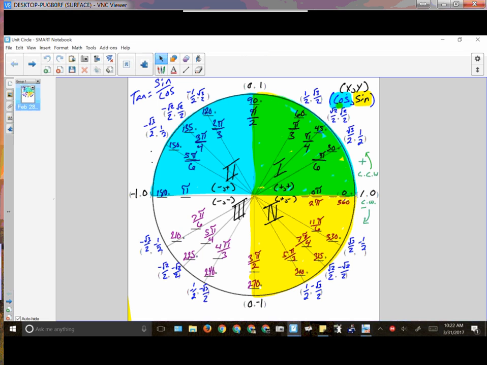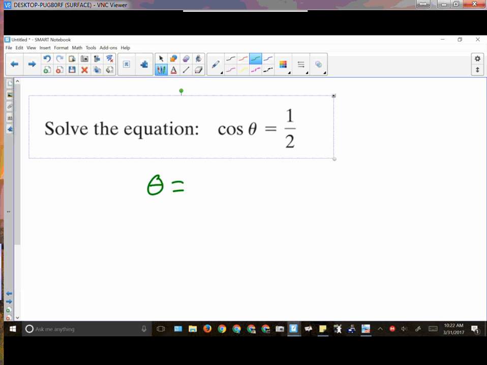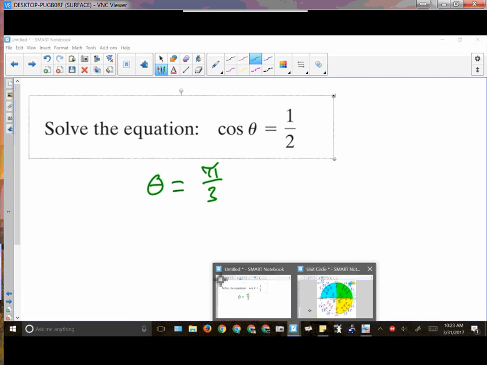I look here, cosine is the x, x is 1/2 here at pi over 3. Ooh, good. So that must mean that theta is equal to pi over 3. That's it, all done, right? Huh? You're right. There is more.